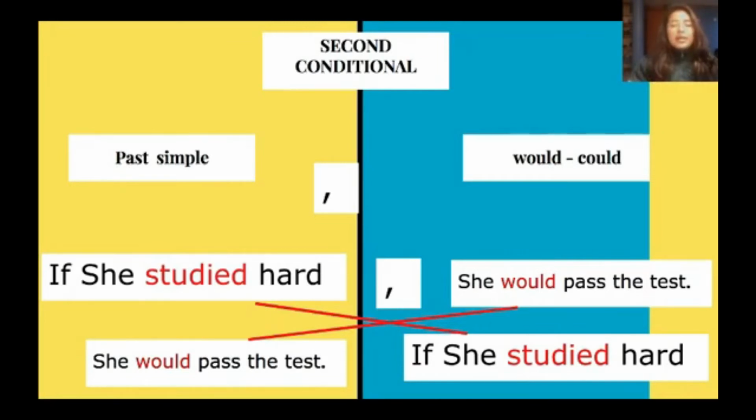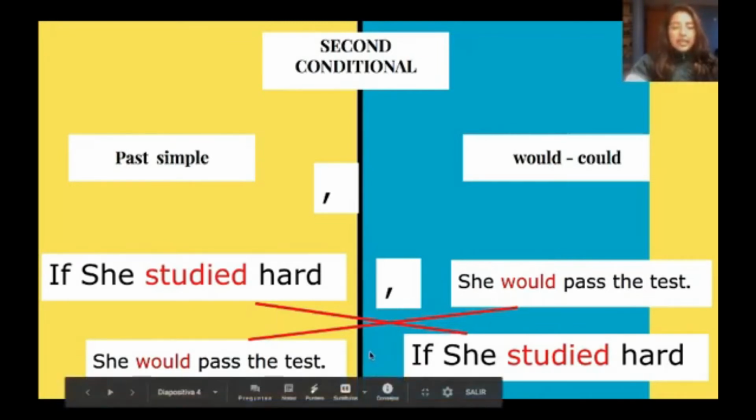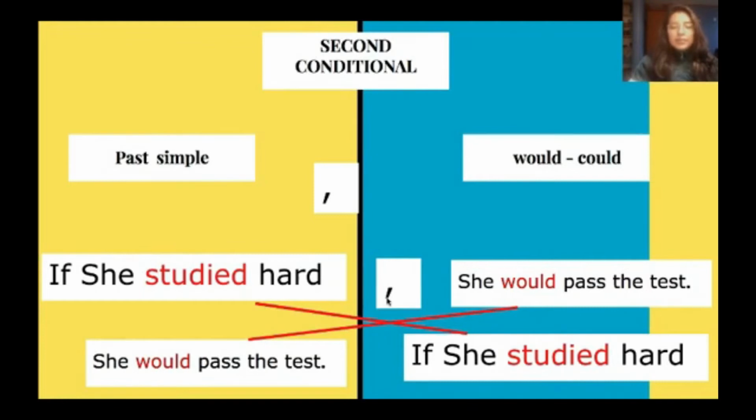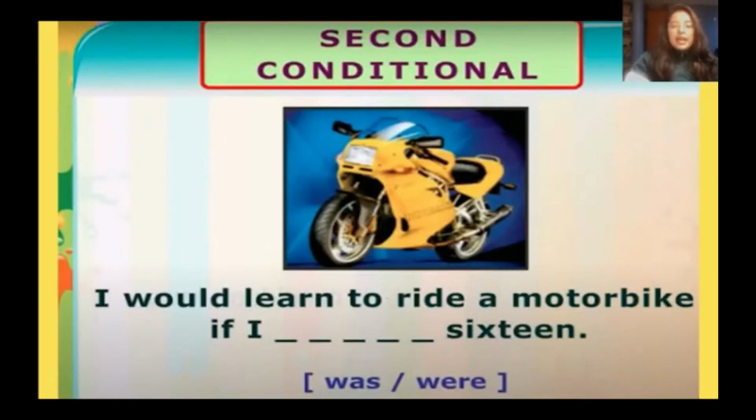But what is the difference? In this case, you don't have to use the comma if the first sentence is using the modal would. Only when you use the if clause first, the sentence has a comma.